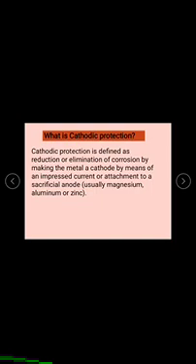In the cathodic protection method, the metal is made a cathode by connecting it with a more active metal or supplying it with an impressed current. Then it is called cathodic protection. The most commonly used sacrificial anode metals are magnesium, aluminum, or zinc.